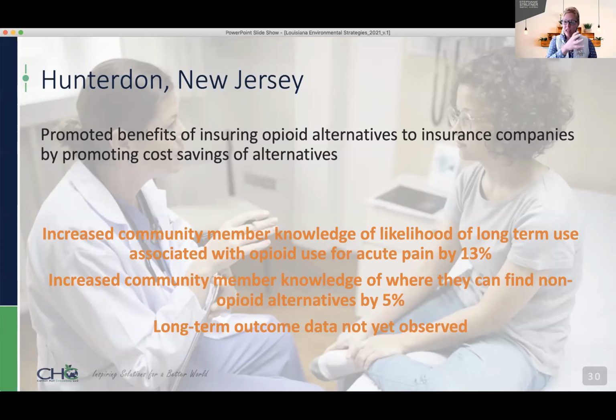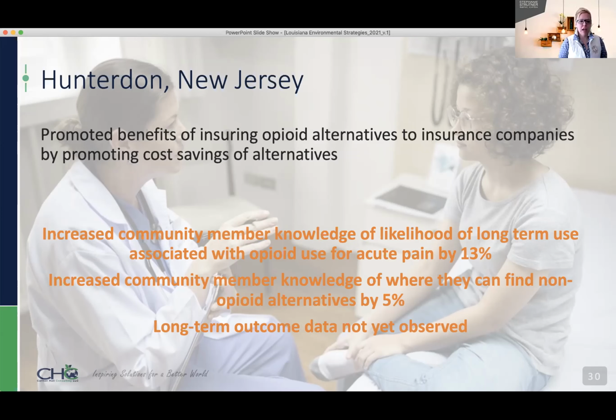And so they were able to break down those costs associated with 6 weeks of, they compared chiropractic, acupuncture, and physical therapy. And what they were able to show was that the cost of treating 6 weeks of non-opioid treatment was less expensive than a year of an opioid, which we know is very inexpensive.